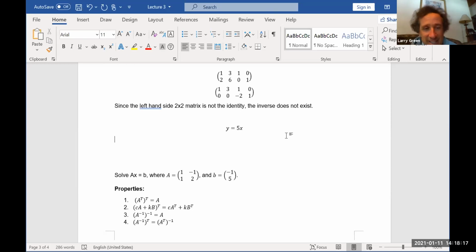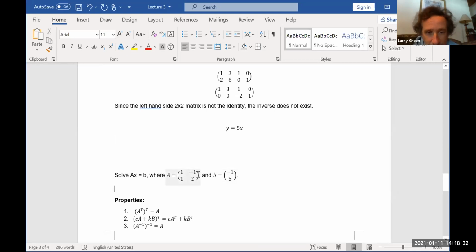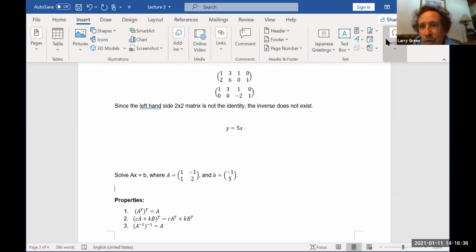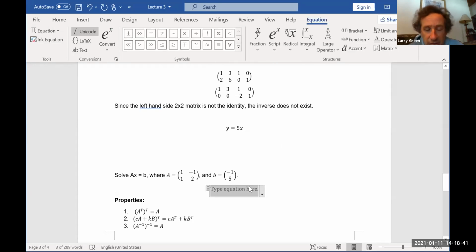So in particular, we want to solve Ax equals b, where A equals [1, -1; 1, 2], and b equals [-1; 5]. So let me write it this way. It'll take a moment, but it's worth it. So if I have, you know what, I should have just copied it and pasted.